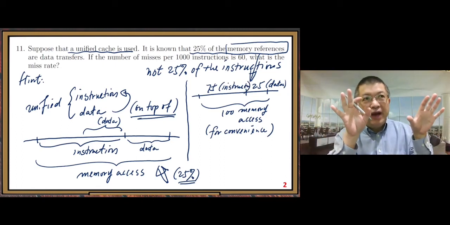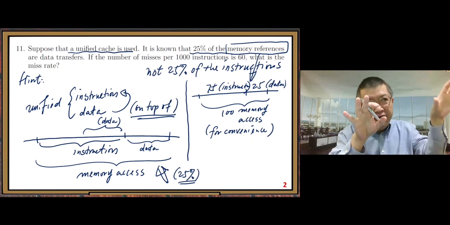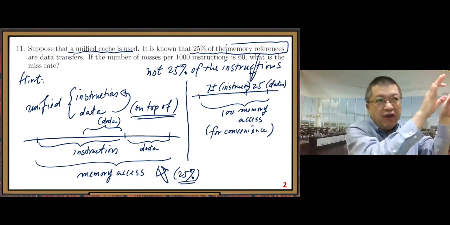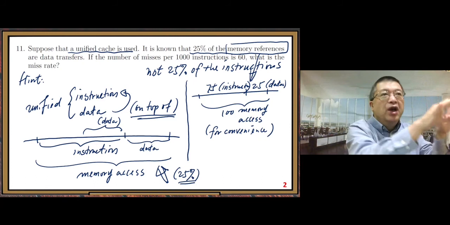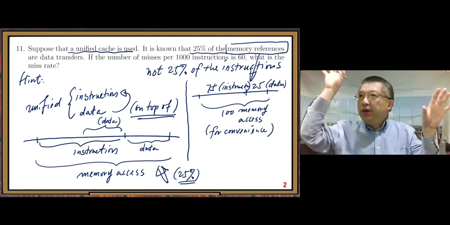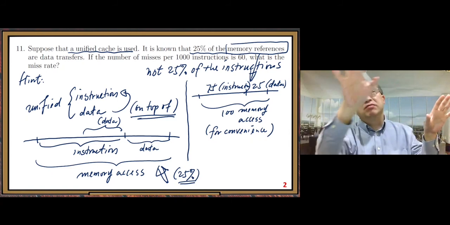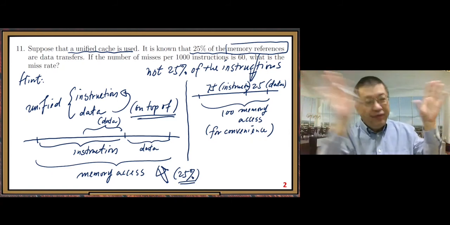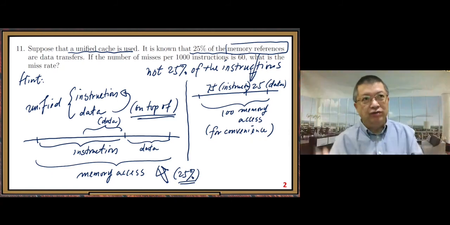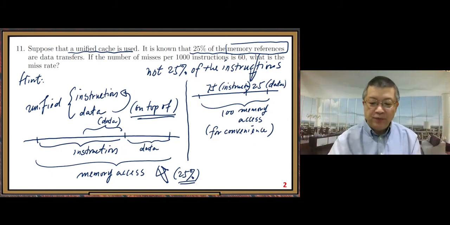Now you know the ratio: whenever you have 75 instructions, you need to load data 25 times. That's one third. So you get an idea of that ratio.